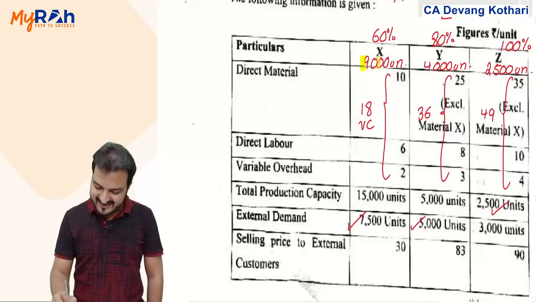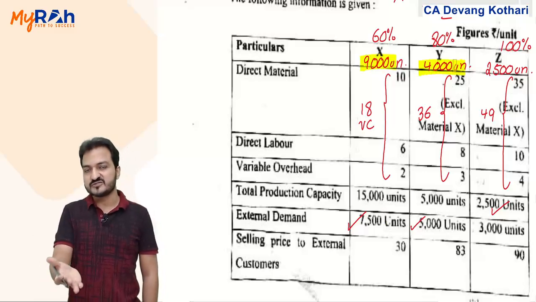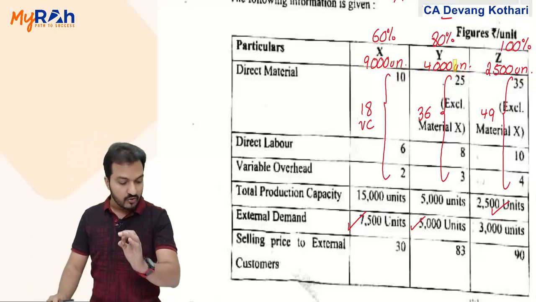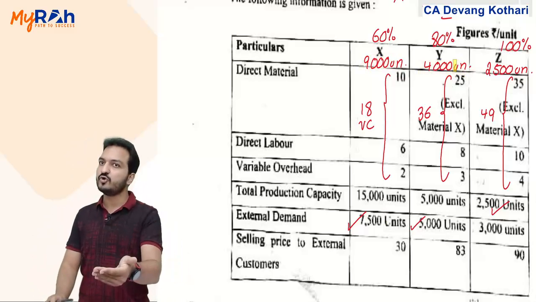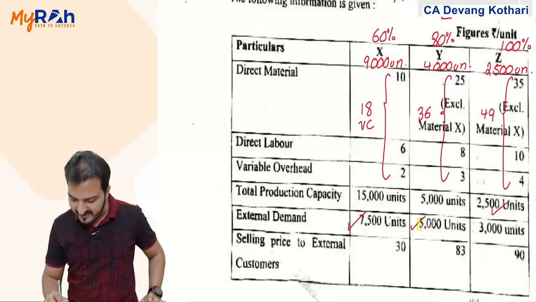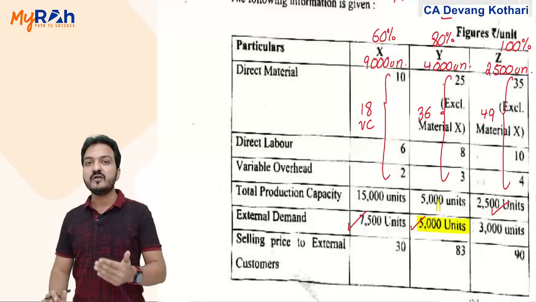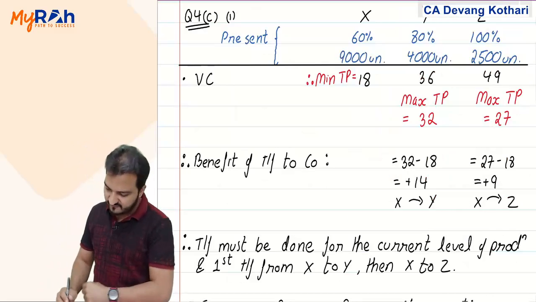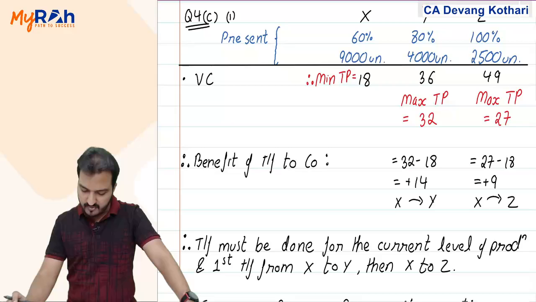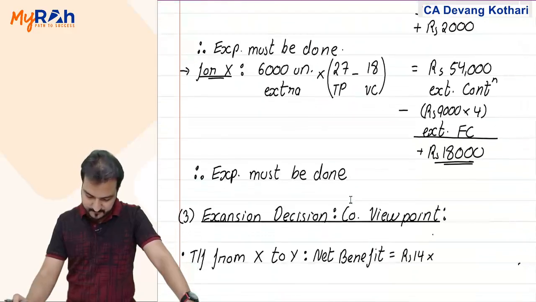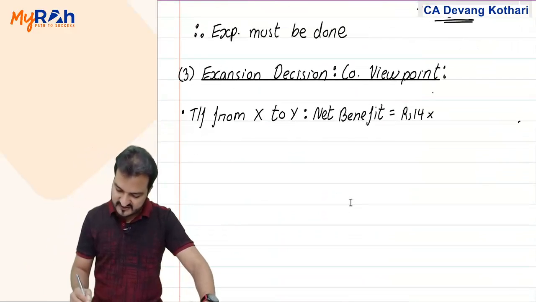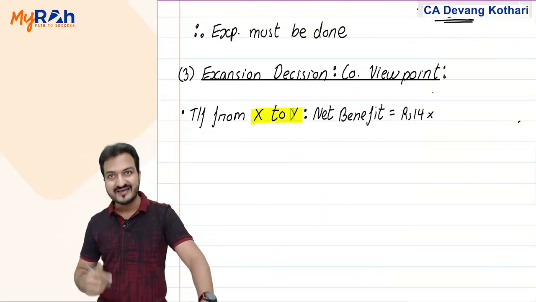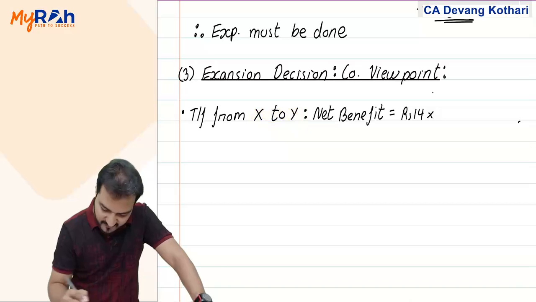Assume that presently X is transferring to Y, because transfer to Y is more beneficial. Now if Y will operate at 5,000 units, Y will require 3,500 more. That 3,500 is new transfer because of expansion.